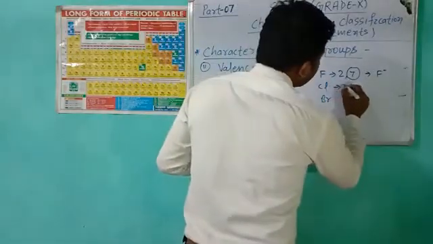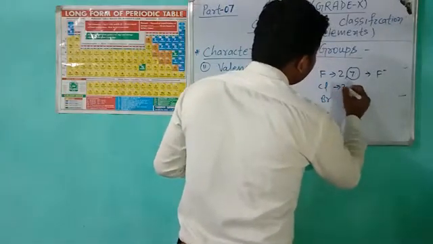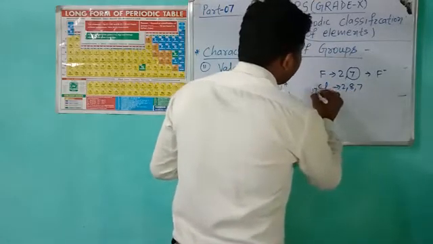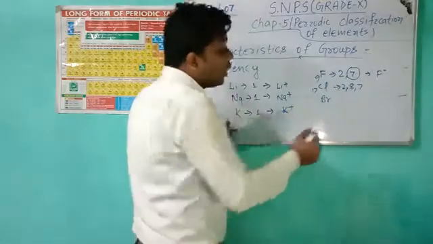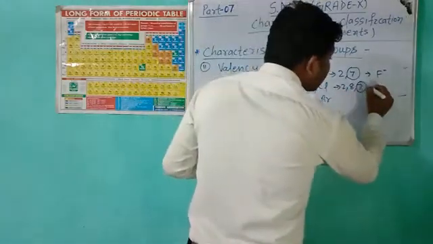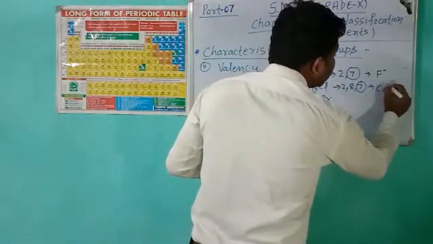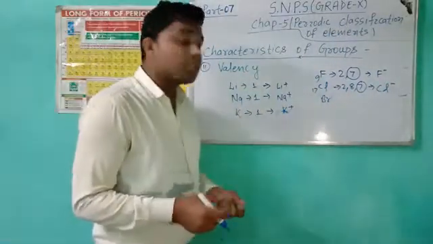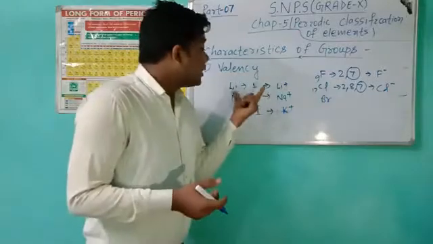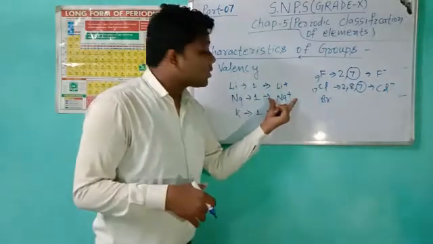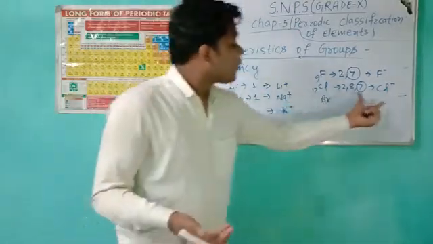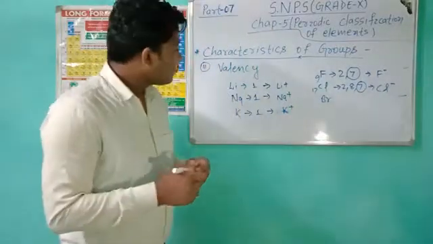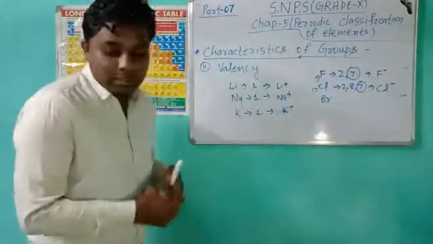And chlorine has 2, 8 and 7, because its atomic number is 17. So it can also accept one electron and form a Cl minus ion. Here you can also see that metals form plus ions, and non-metals form minus ions. Okay, so these are the valencies.